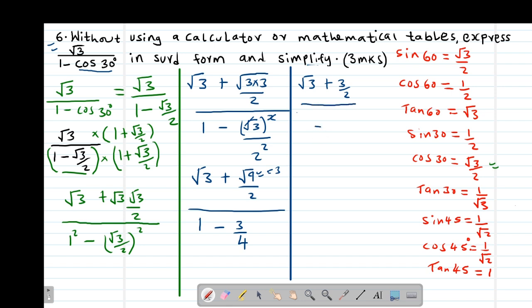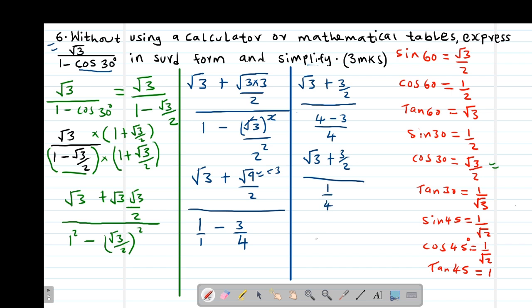So of course the LCM will be 4, so if I take this one to be over 1, of course 4 into 1 is 4 times, so this will be 4, then minus 4 into 4 is 1 times 3, I'll get 3. So we're going to remain with a quarter, so this will be the root of 3, then plus 3 over 2, then the whole thing divided by a quarter.